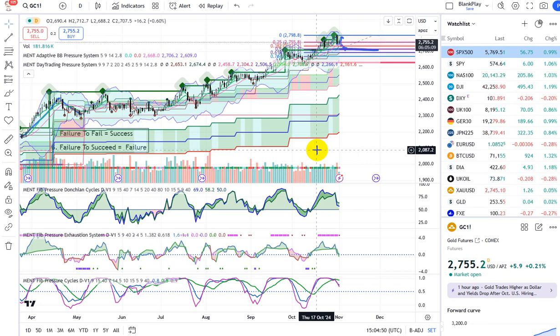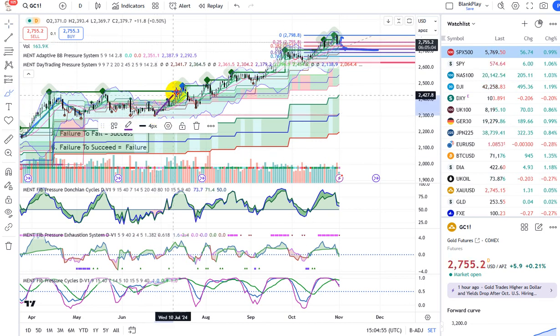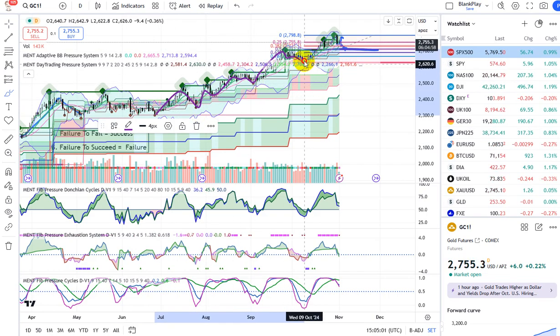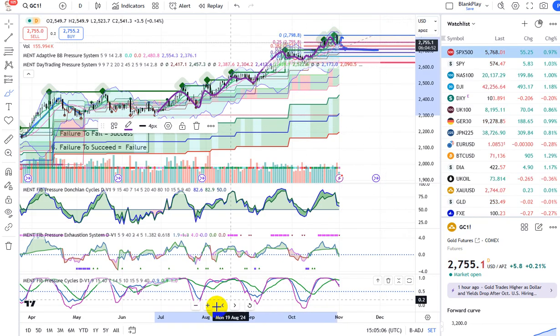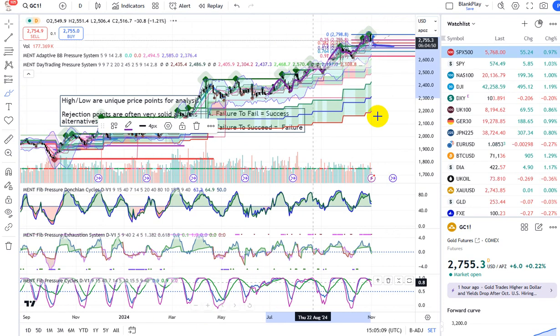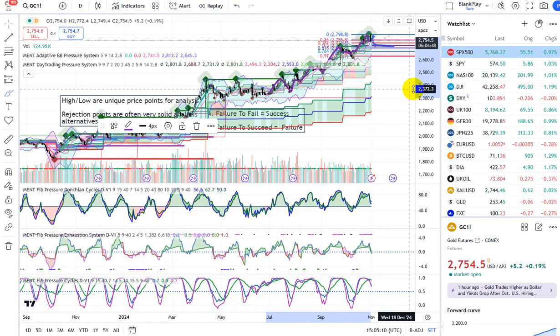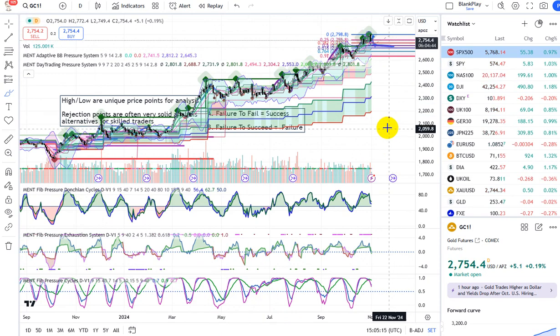And now remember, the markets rotate. Look, this is gold, but look, up, down, up, down, up, down, up, down. Where do you think it's going? I'll tell you, long term, I believe this sucker's going straight up. Okay? I really do believe it's going straight up.